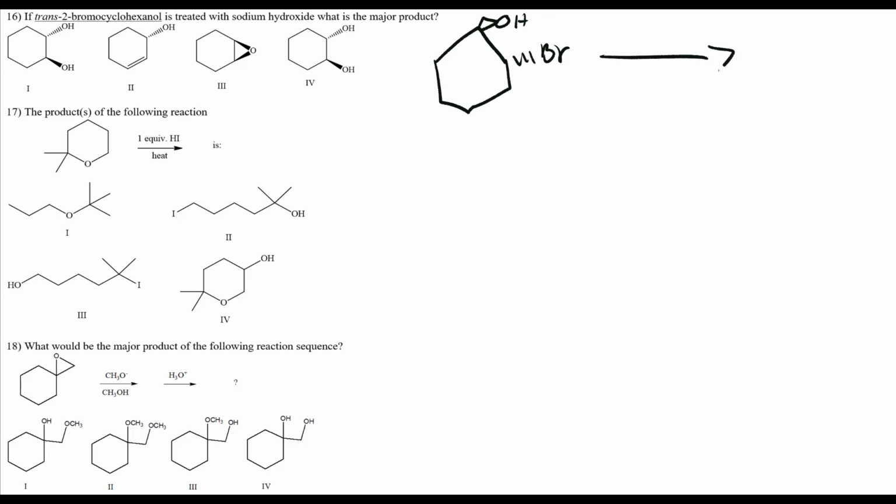It's better for you to think of it as sodium hydroxide with water. And actually, here's something special. What you need to remember, like have it tattooed or written on your forehead, is that if you have an alcohol that's trans to a halide, OH trans to X, we can actually make an epoxide.